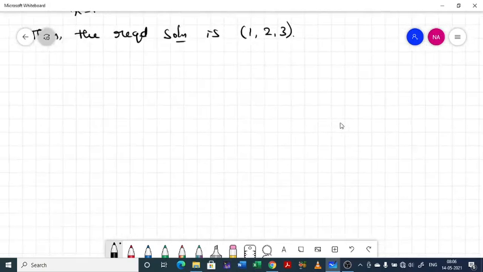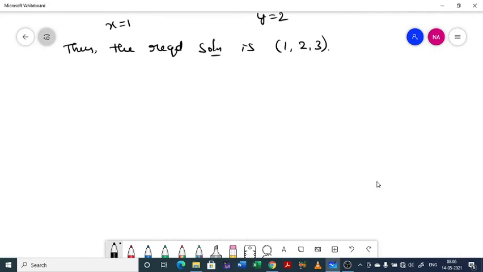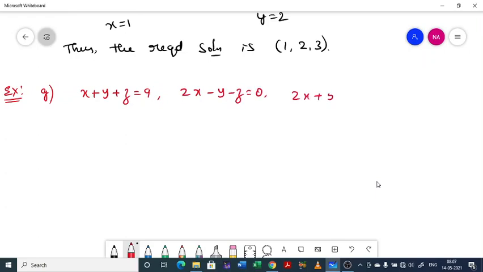So similarly, you can solve a few more problems given as exercise. I'll give two systems of equations. You can take this one: x plus y plus z equal to 9, 2x minus y minus z equal to 0, 2x plus 5y plus 7z equal to 52.